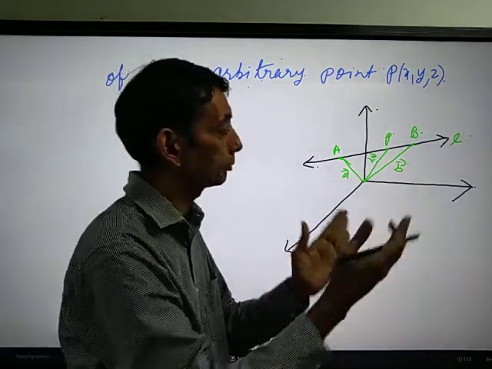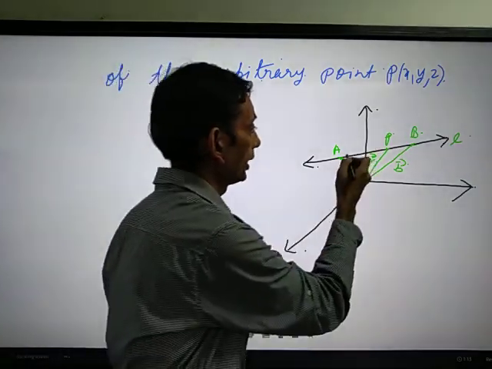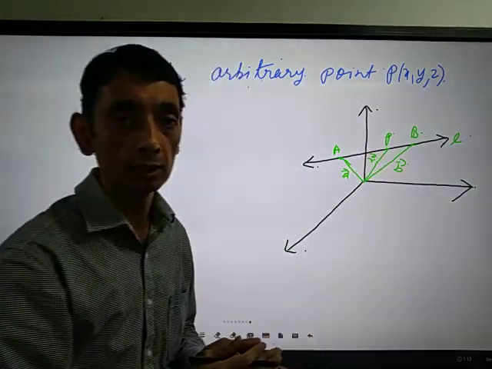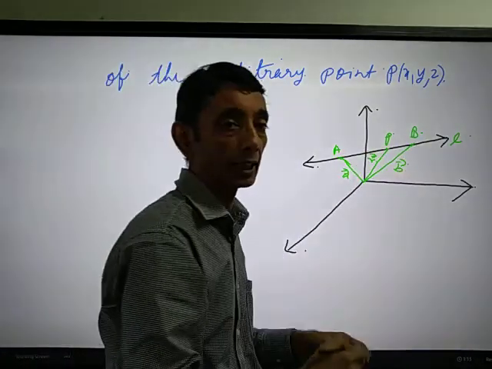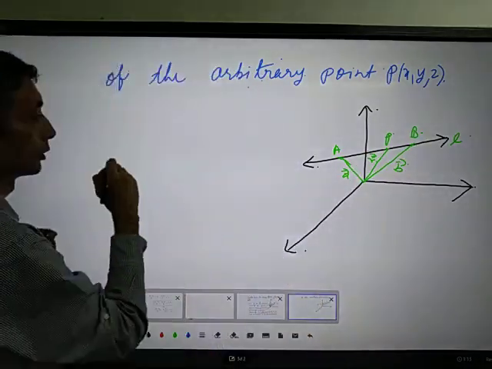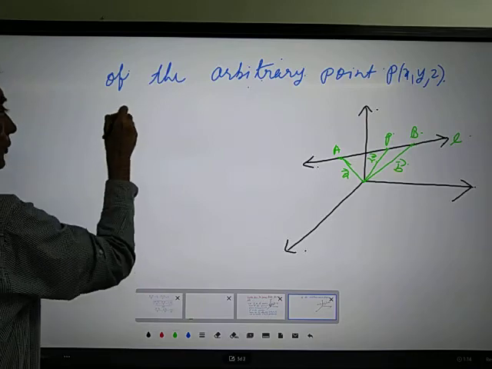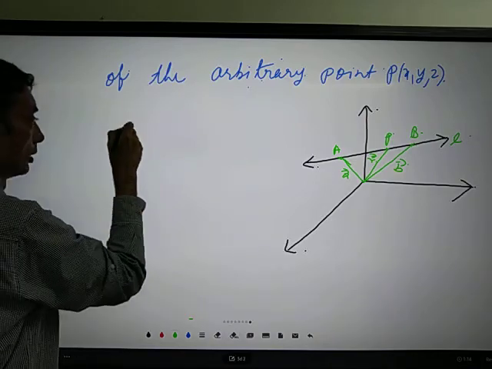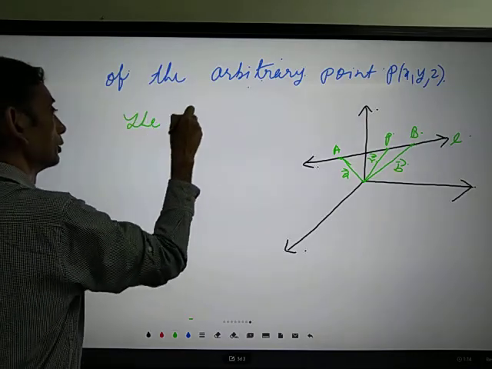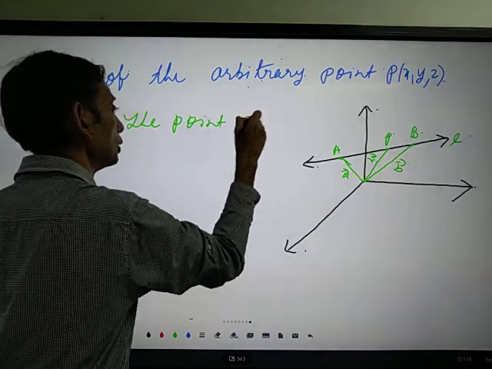Most important point: point P will be lying on AB, right? That means A, P, B will be collinear if vector AP is collinear with vector AB.